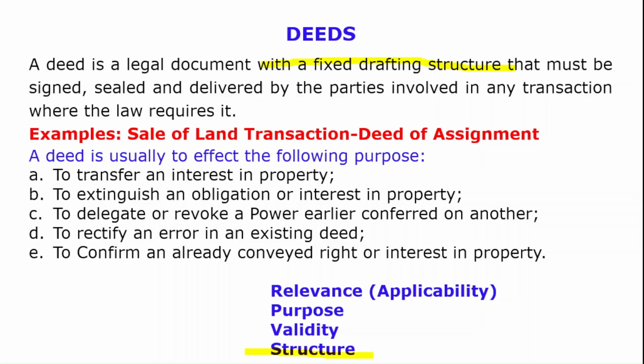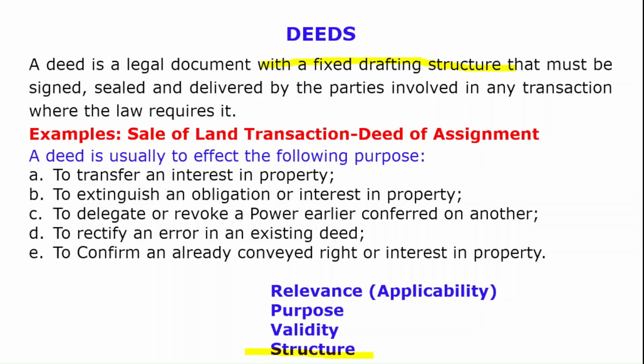So, what a layman may not be looking at when it comes to a sale of land transaction, because you are the solicitor who wants to act for the assignee to prepare that deed of assignment, there is certain information you know that you must ask from your client, and you must ask from the assignor certain details. Say, okay, what's the dimension of the land?